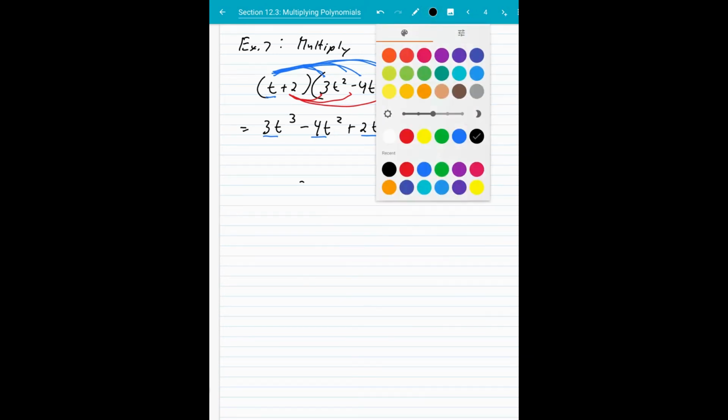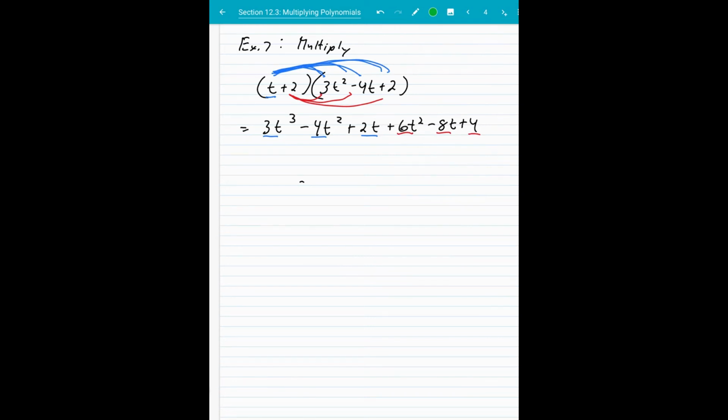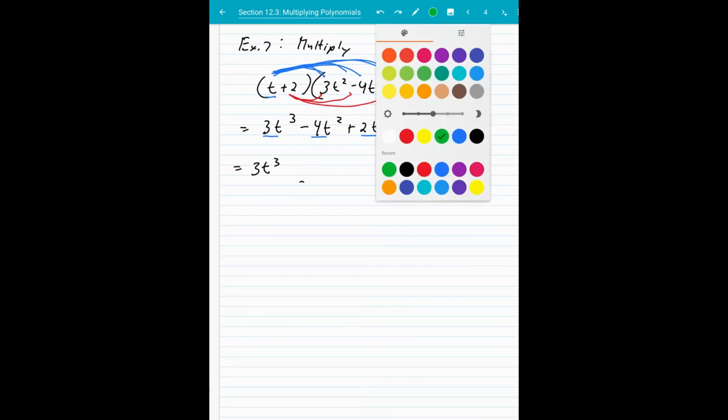So now let's go ahead and see what we can combine. We don't have any other t to the third powers, so I can go ahead and write down 3t to the third power. Since I have a lot more variables here, you can cross them out if you want to. It really doesn't matter what you do. I'm going to move to the next one. I have a t squared and a t squared here. I can combine those.